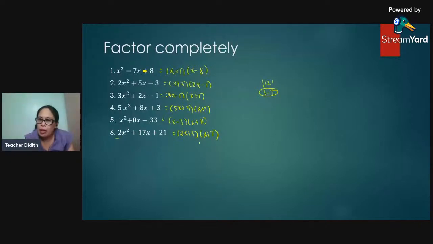By placing 3 here and 7 here, as we check the middle term, 17x, it matches with the sum of 3x here and 14x, and that's 17x. Okay, so these are the correct factors. So at least when you get wrong factors, you know the correct factors, no? Okay, how about number 7, guys?